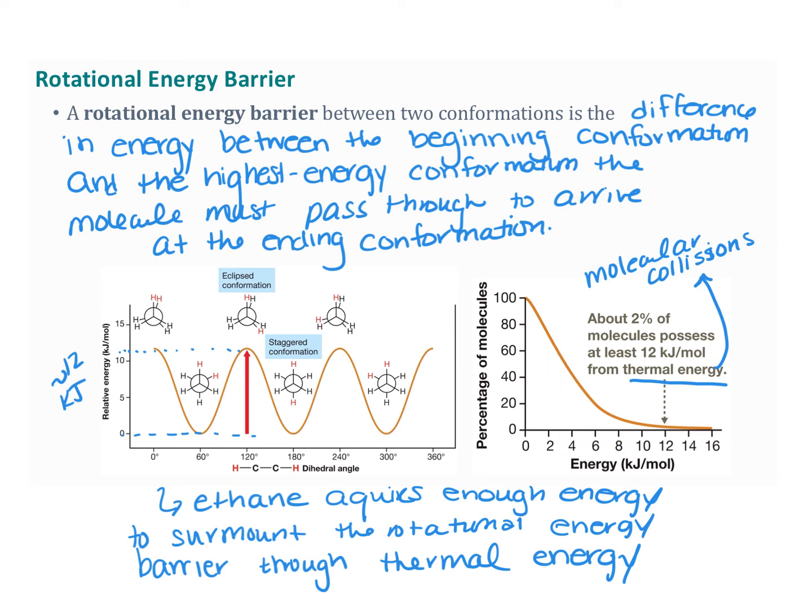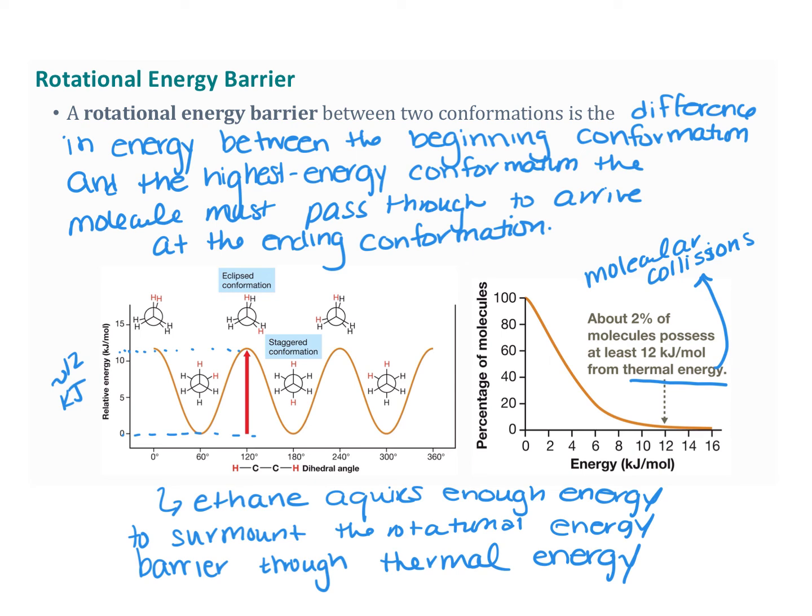What we find is that only about 2% of the molecules possess 12 kilojoules per mole of energy from thermal energy. But that's enough for us to see these rotations as we go.